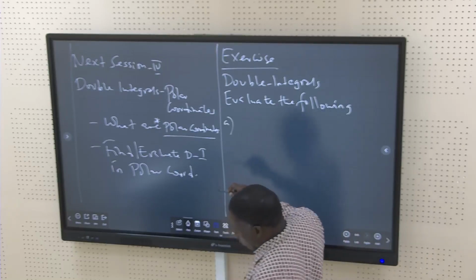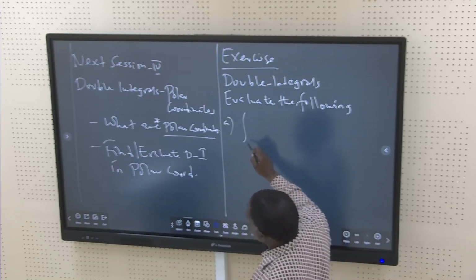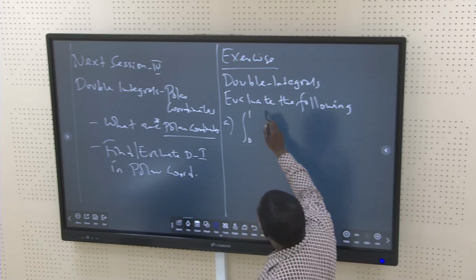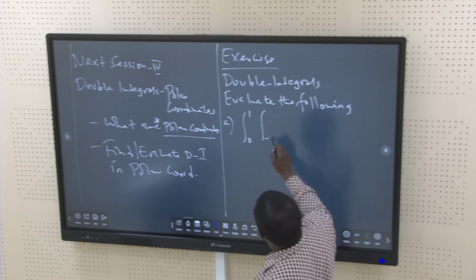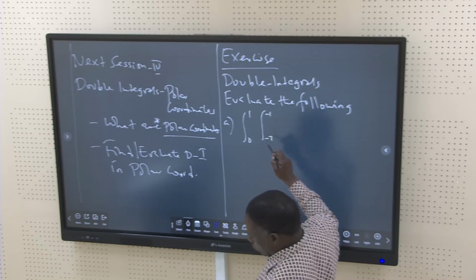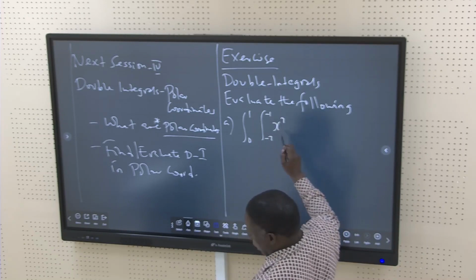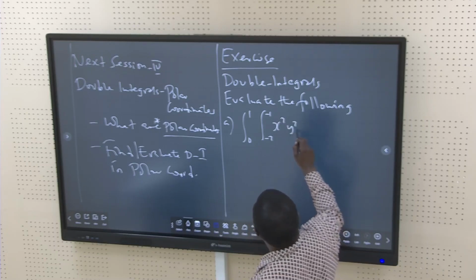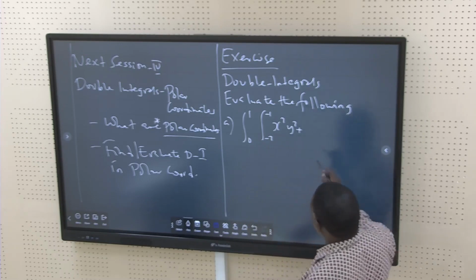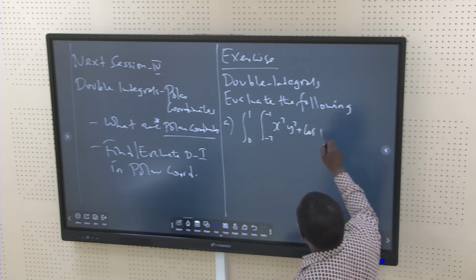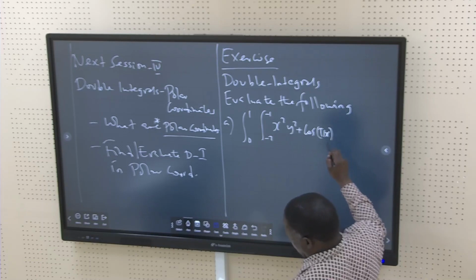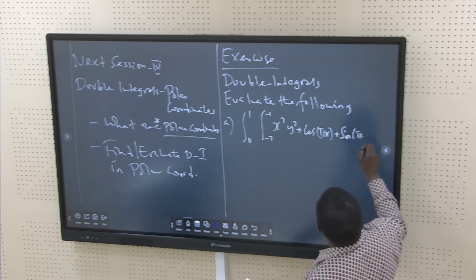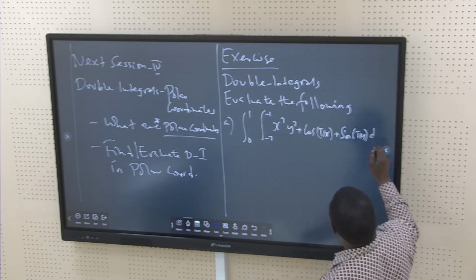A: the integral from 0 to 1 and from -1 to 2 of x squared y squared plus cosine pi x plus sine pi y, dx dy.